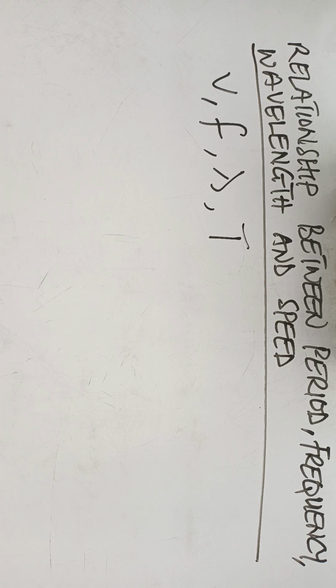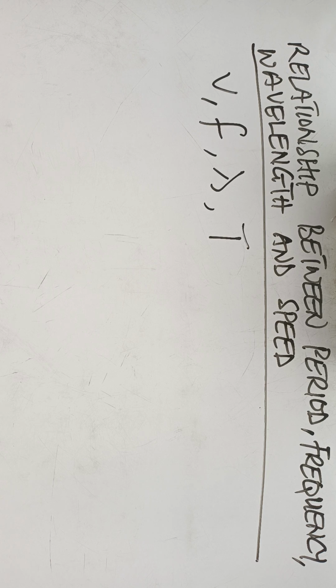Where the frequency is the number of waves crossing a given point in 1 second. Per definition, frequency is the number of waves crossing a given point in 1 second.